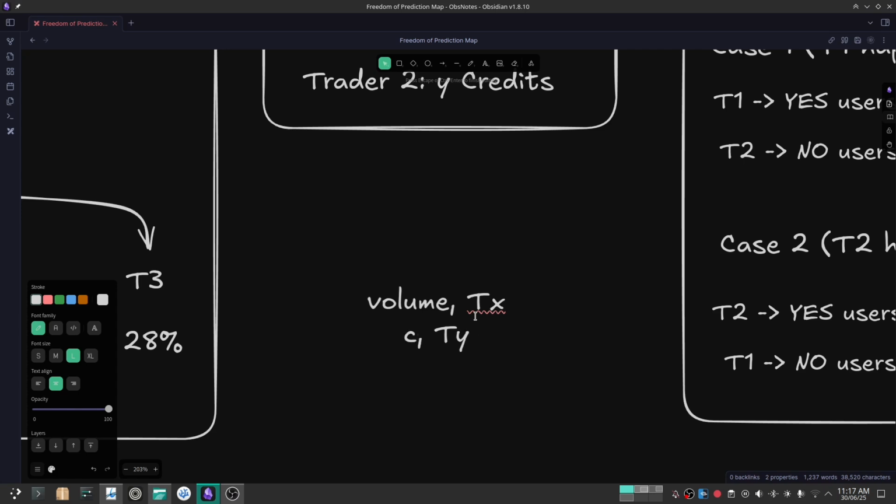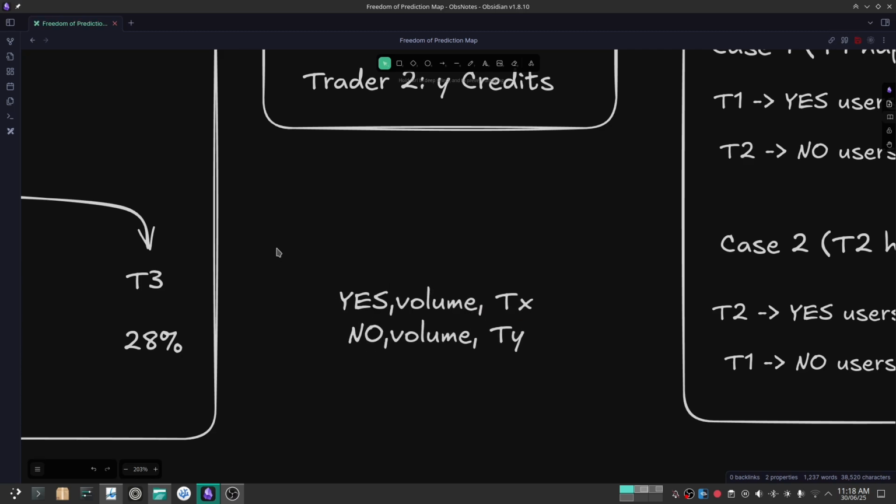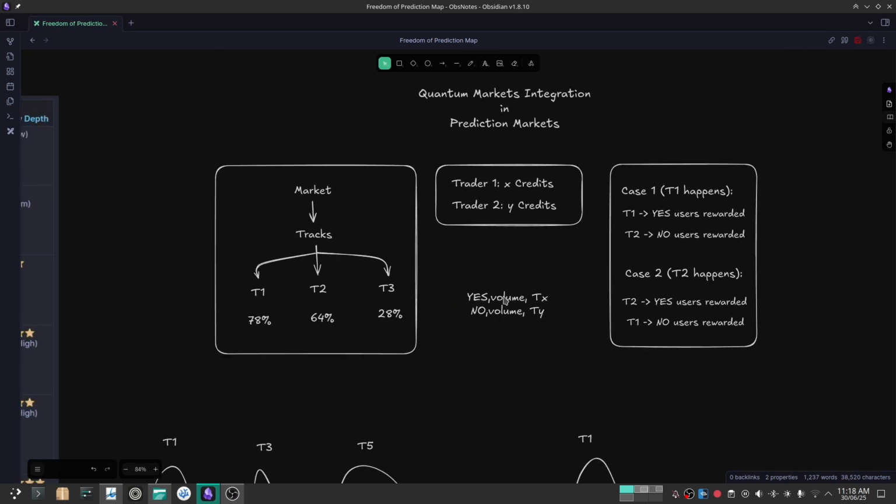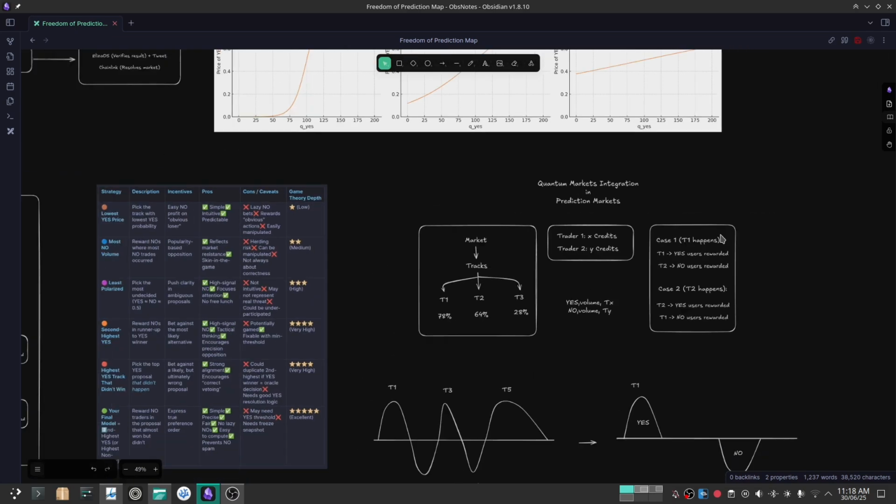Based on the trading volumes of these tracks, the final ratio of yes and no shares is decided, and accordingly the rewards are given.